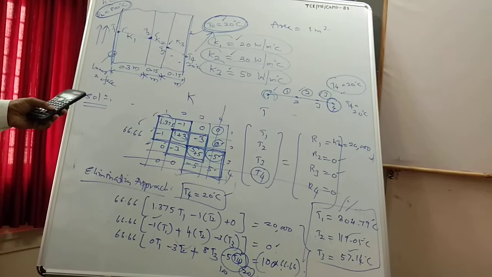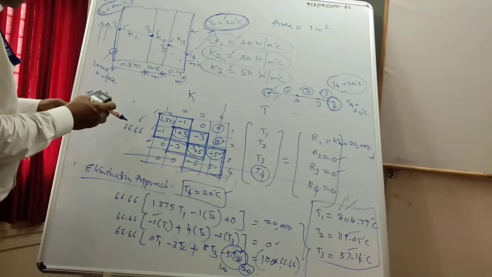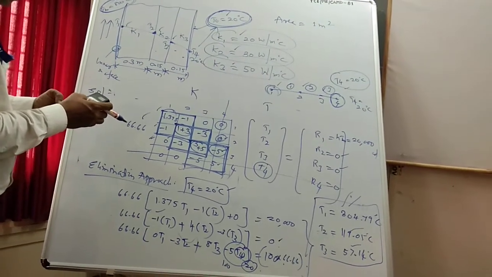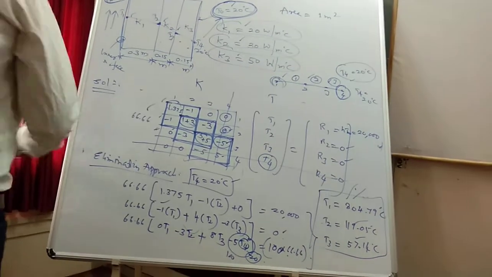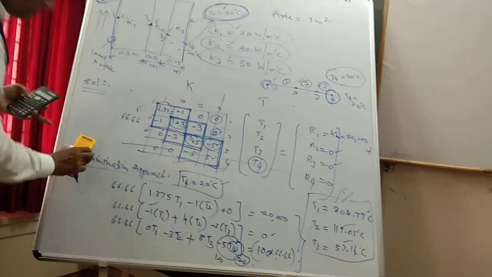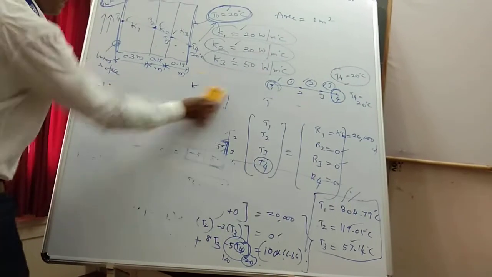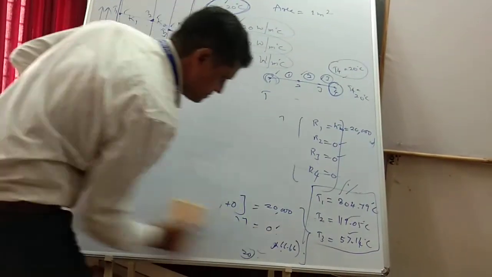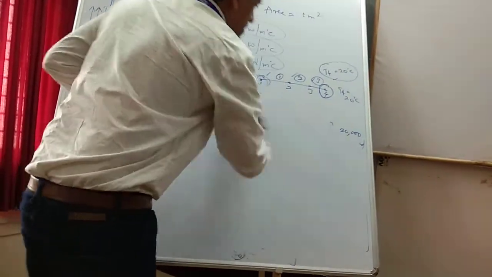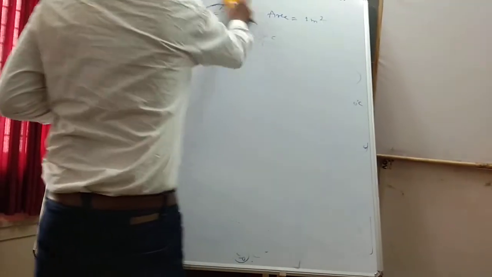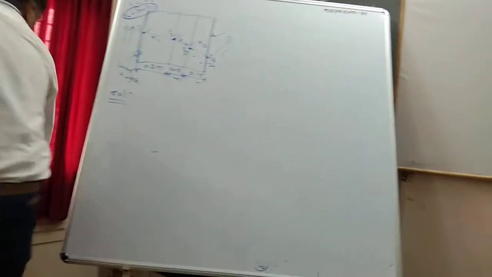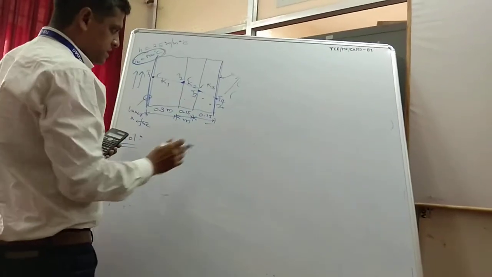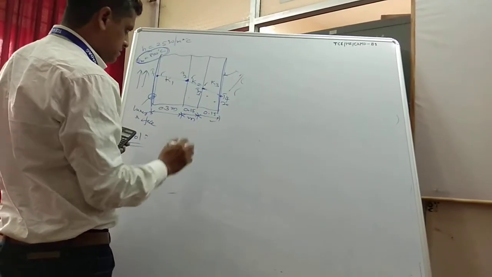This is the temperature distribution through this composite wall for the given materials subjected to convection on the inner surface. Now we can also compare the results with the analytical method. Just now we used the finite element method.